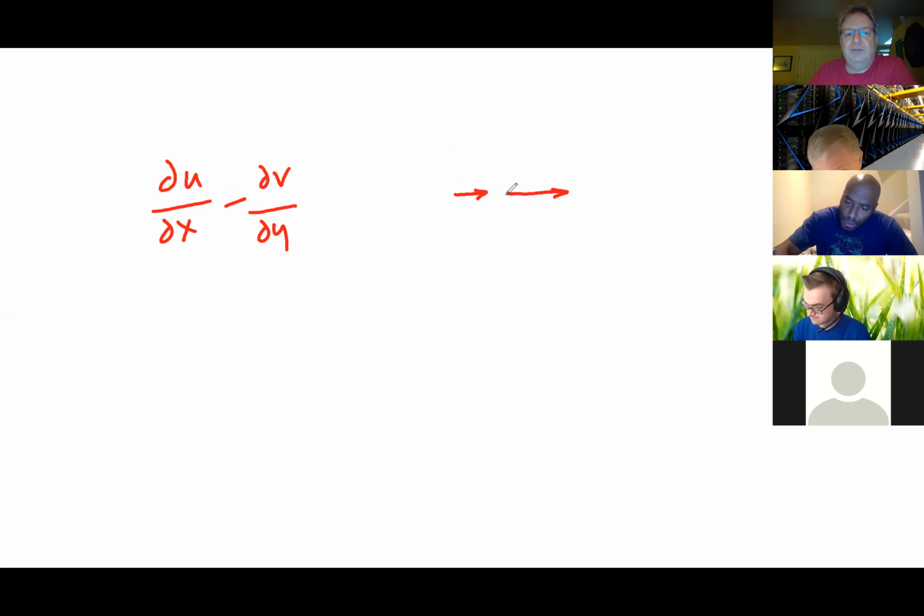And as I travel to the north, the velocity should get what? Weaker, decreasing. Minus, right? It's minus in there. First term.